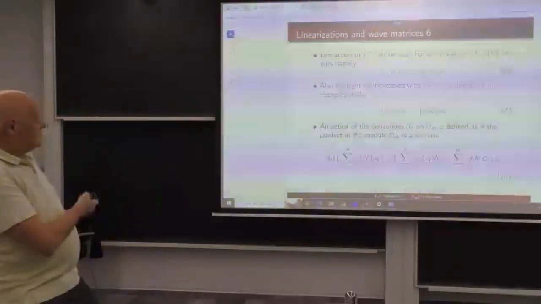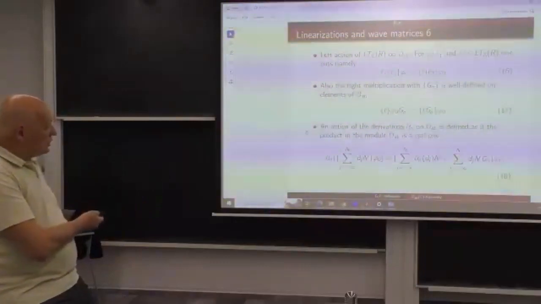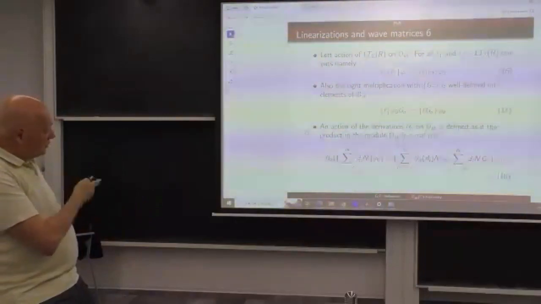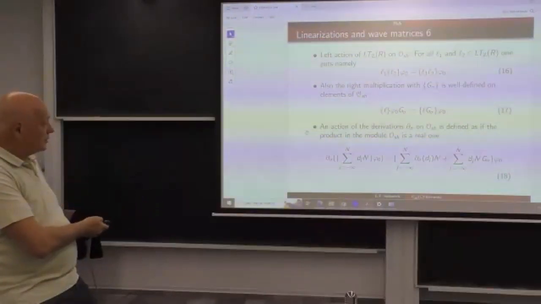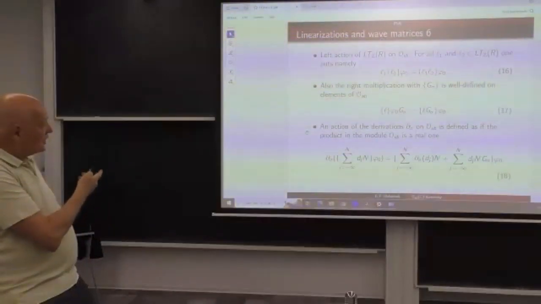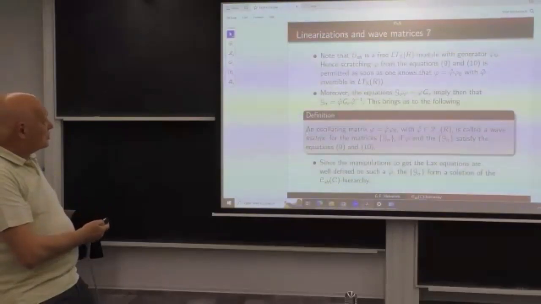And the partial sigma acts on SH simply by pretending that the product is real, and you use Leibniz. Then you see that everything ends up again in the same module.